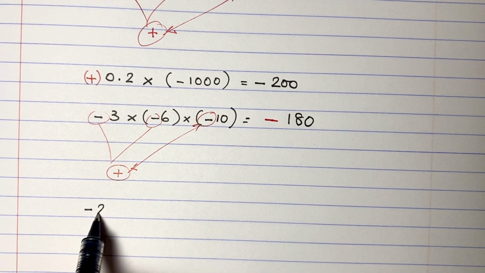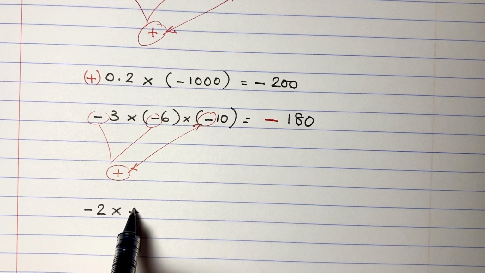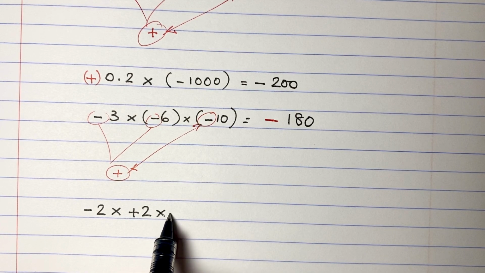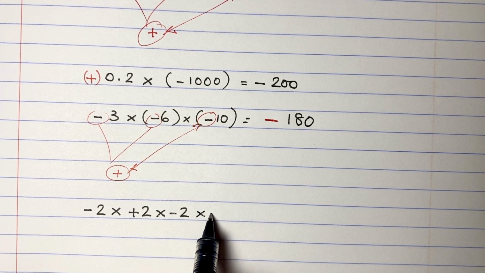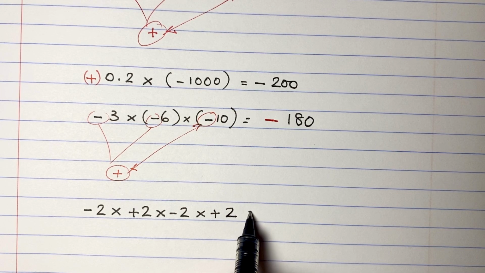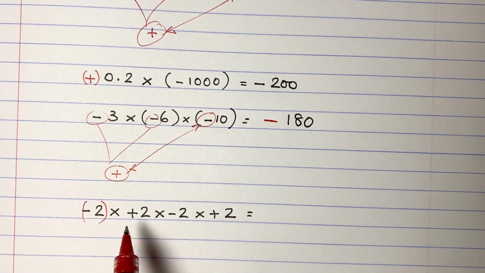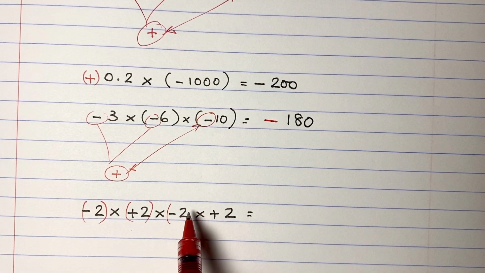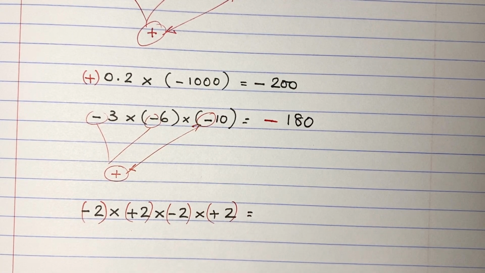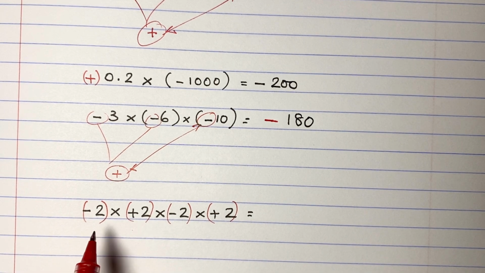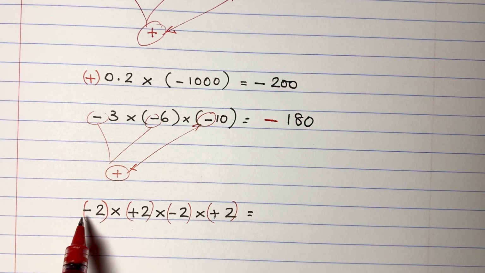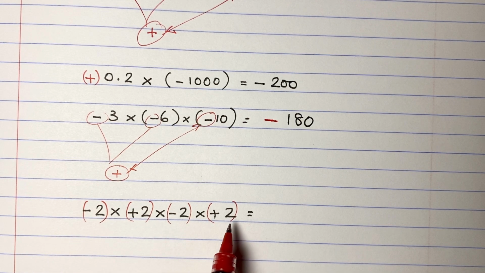Negative 2 times positive 2 times negative 2 times positive 2. If you like, I can put them all inside bracket. Makes no difference. I'm putting them each in their own bag. Brackets in math are called algebraic carrier bags. They carry the numbers inside them.